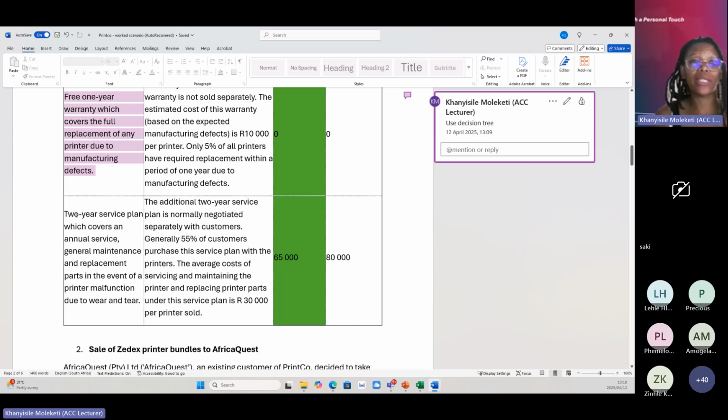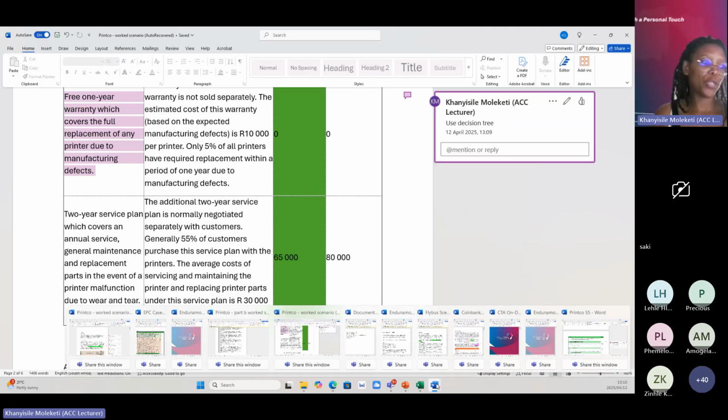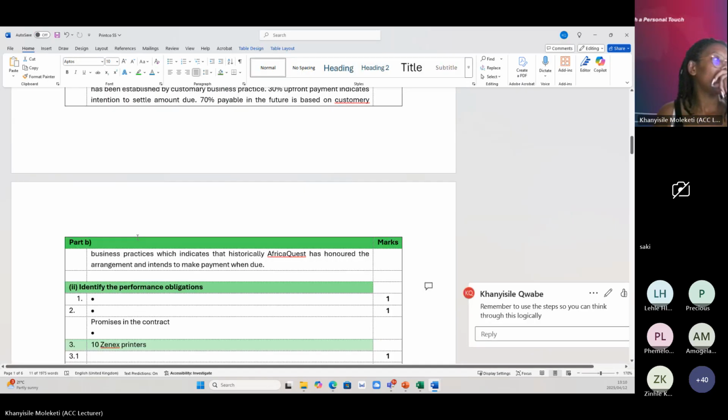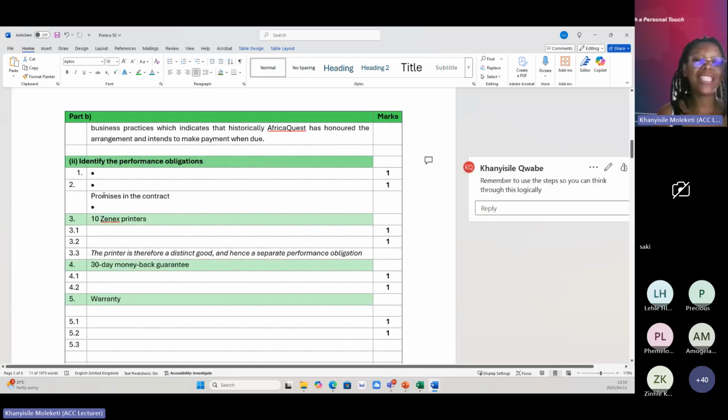So we already have a starting point. We've got 4 promises, and that is what we'll use here in part B, because remember the first step of step 2 will be identifying the promises in the contract. So the very first thing here is we'll note all 4 of those things that are in that table.